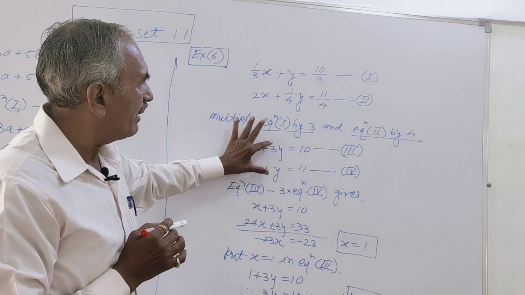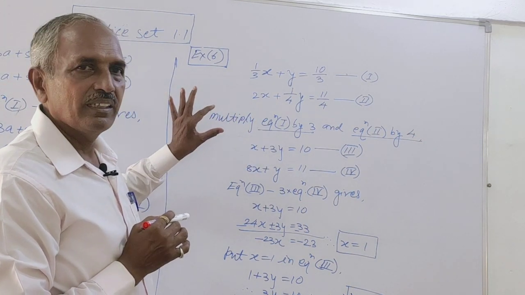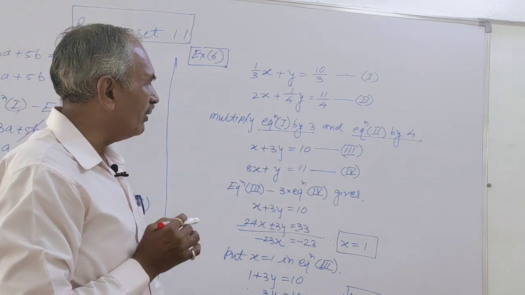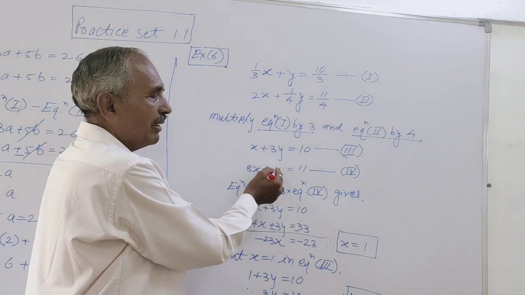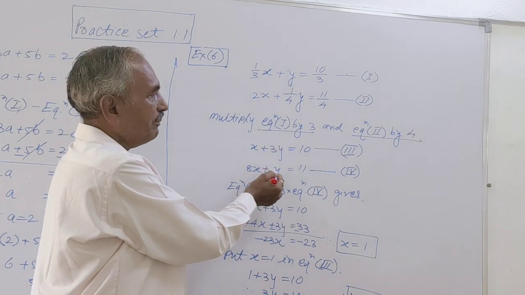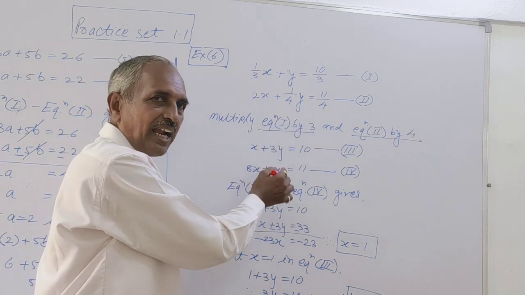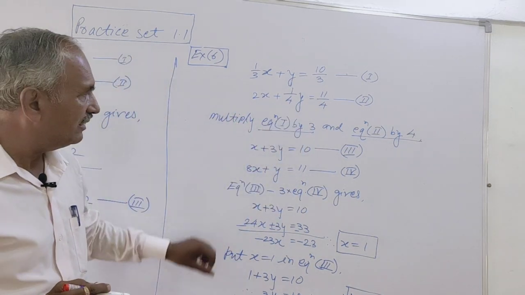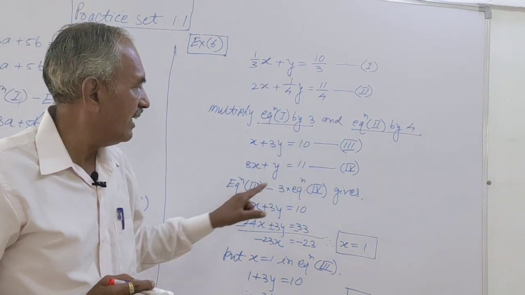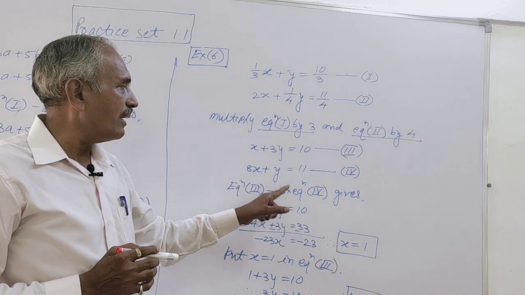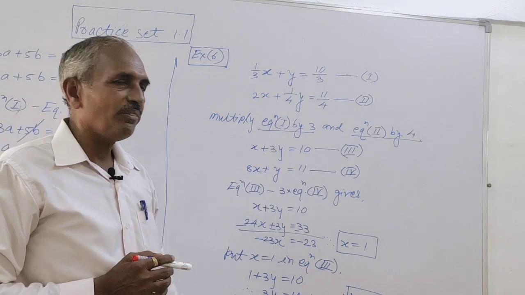So better to multiply by 3 than multiplying by 8. What will I do? I will multiply this equation by 3, and after multiplication, I will subtract that equation from this equation. How will I write it? Equation number 3 as it is, minus 3 times equation number 4.